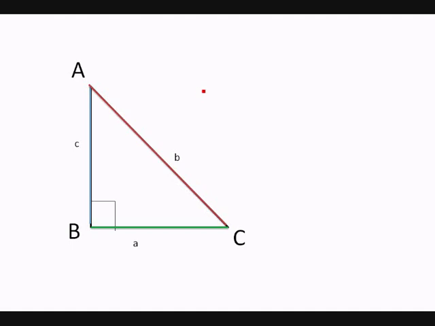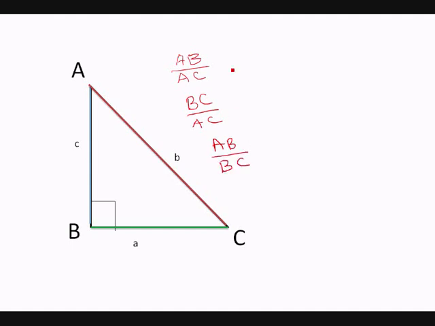With these three sides, taking two at a time, we have certain ratios. Like it could be AB to AC. I can have ratios like BC to AC or AB to BC.